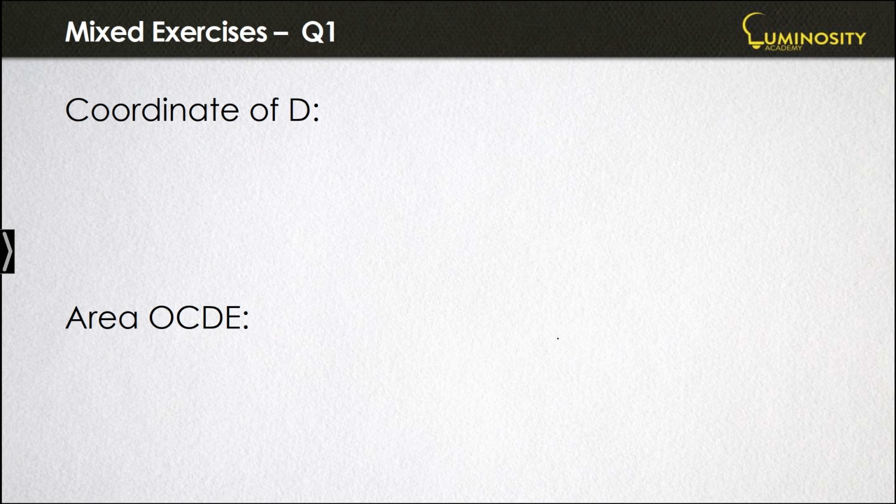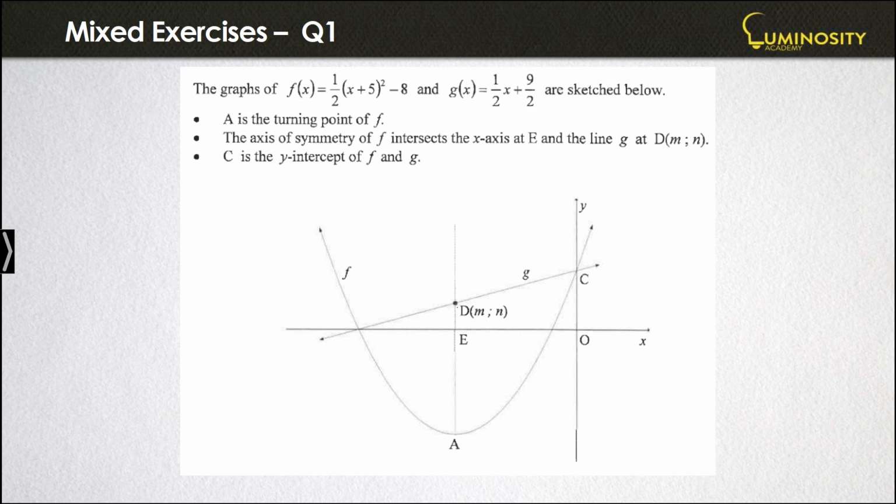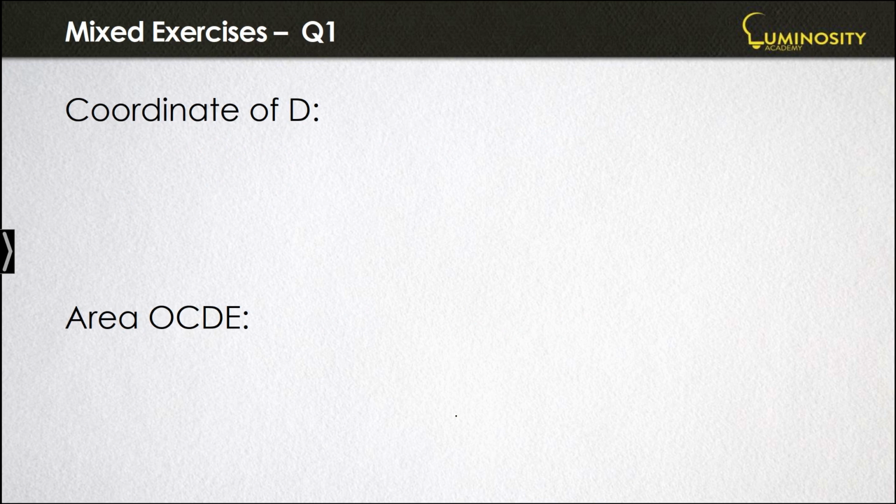Now they're going to ask you for the coordinate of D. D is the intersection of the axis of symmetry and g of x, which is 1/2 x plus 9 over 2. The axis of symmetry is located exactly at x equals negative 5, so we need g of negative 5.